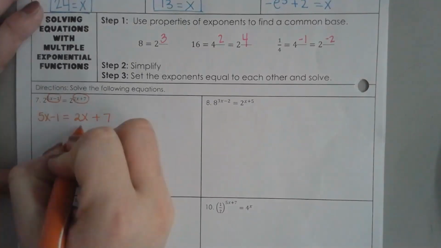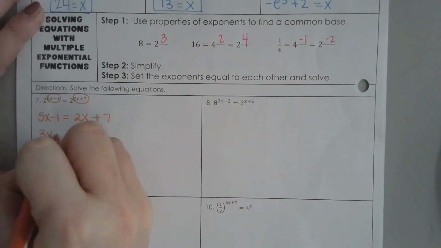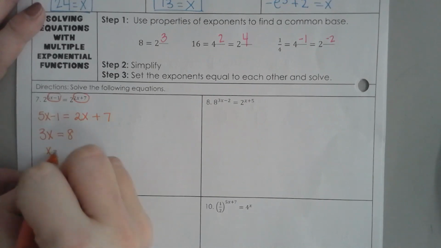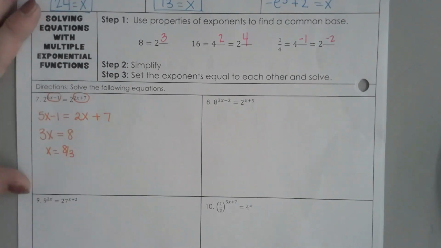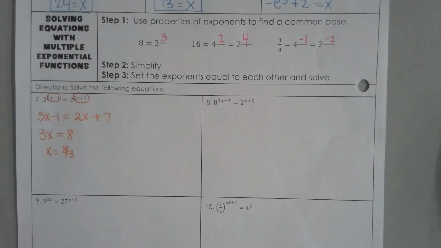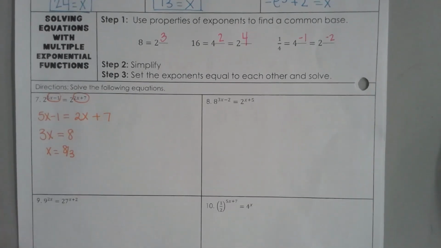So this would be 3x equals 8. So x equals 8/3. Not bad.